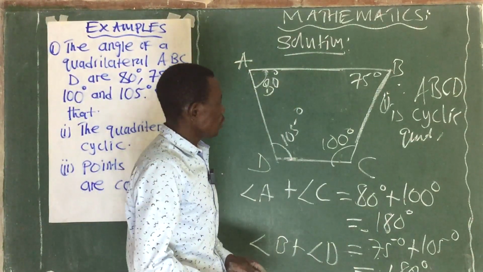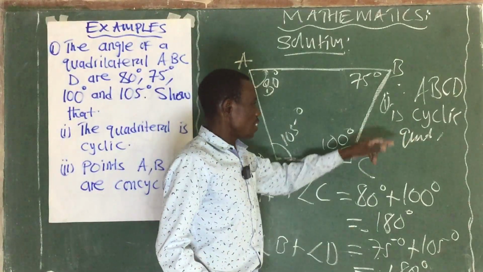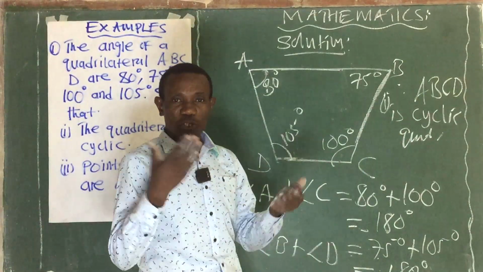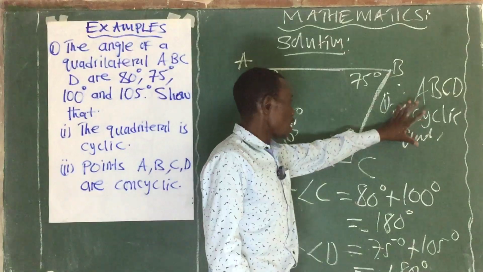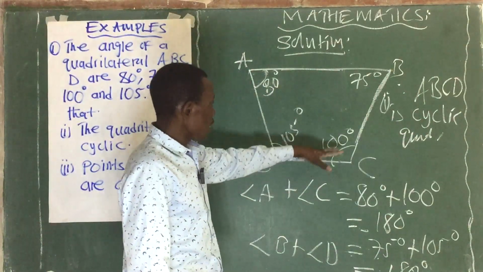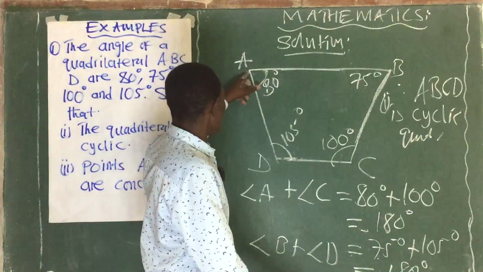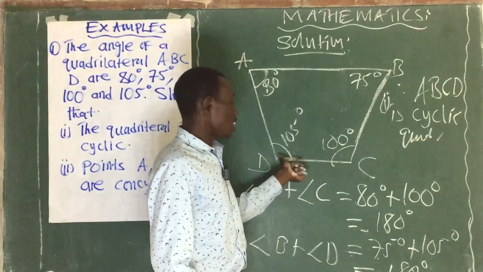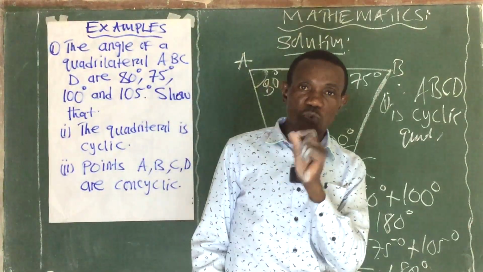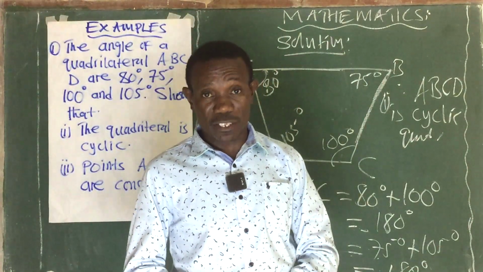Now, the moment you show that ABCD is a cyclic quad, what else do you expect? It means this quadrilateral is inscribed. That is to say, the vertices A, B, C, and D lie on the circumference of a circle.